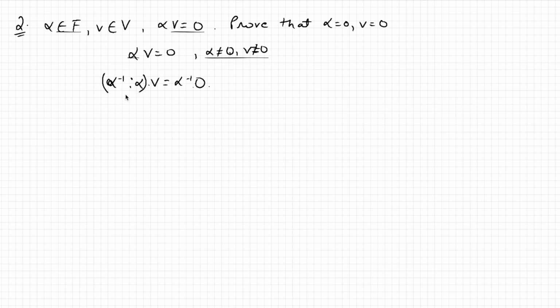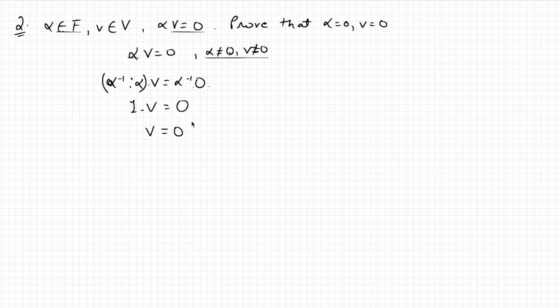These are multiplicative inverses of each other, so this will give us 1. 1 times V equals alpha inverse times 0, which again would be 0. Now 1 is the multiplicative identity, and identity times something is that something, so this is a property of a vector space. So V equals 0, and this V equal to 0 is a contradiction to our initial conditions.